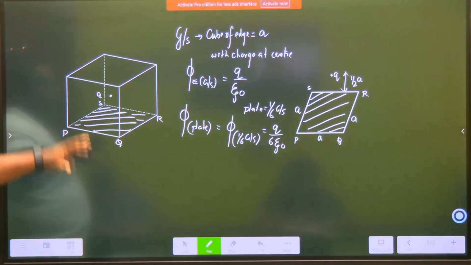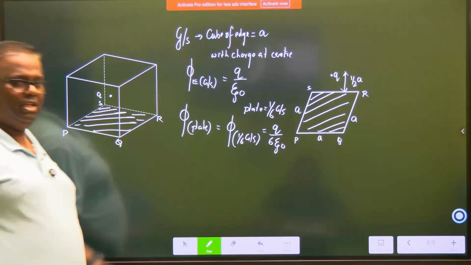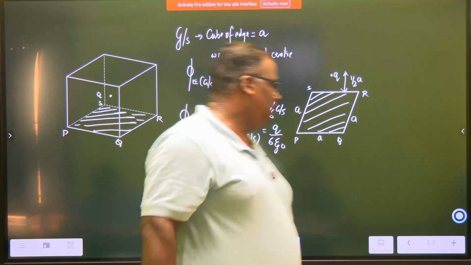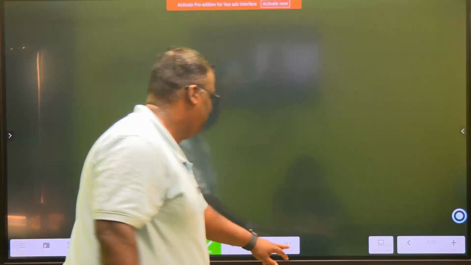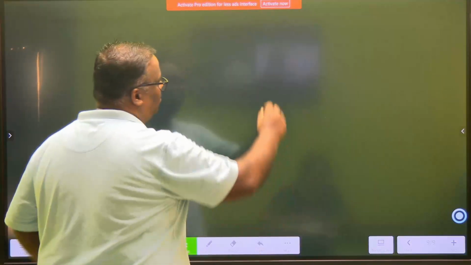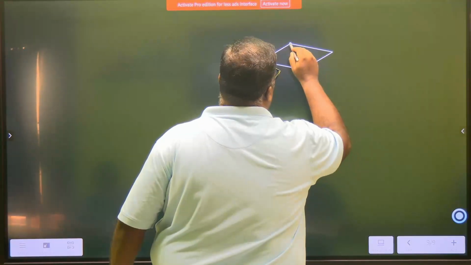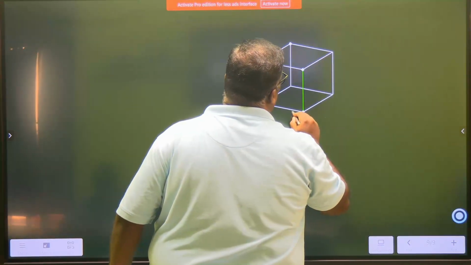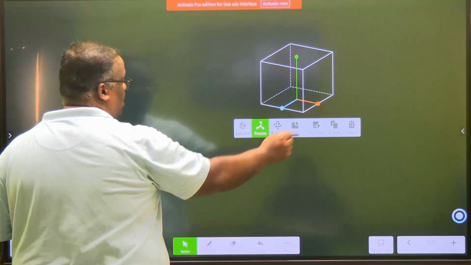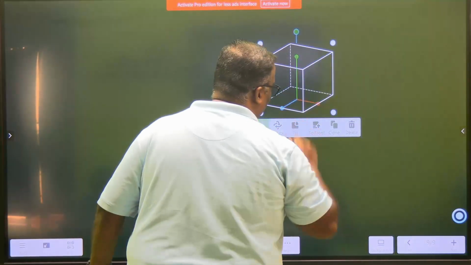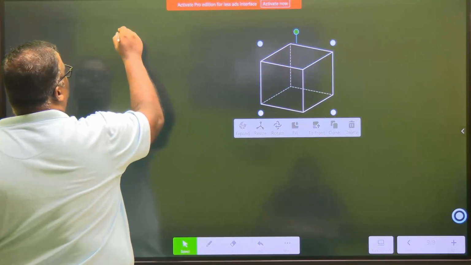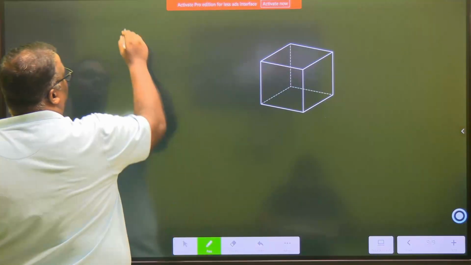Let's change this problem a bit, okay? Let's change this problem and ask the question in this manner. Could you understand how we calculated the previous one? Let's change this question. I now have a cube like this.